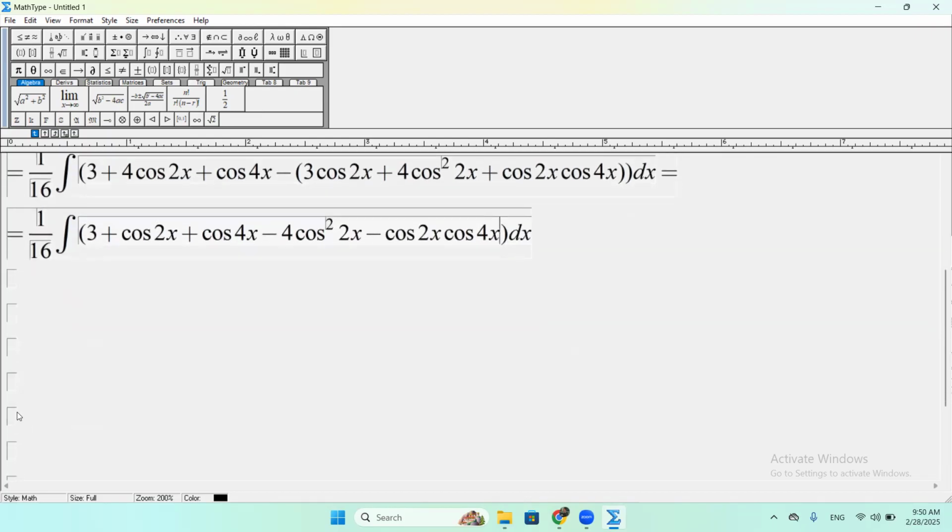Okay, how to write cosine of 2x by cosine of 4x? So the next expression: the product equals the sum of cosine of the sum plus cosine of the difference.